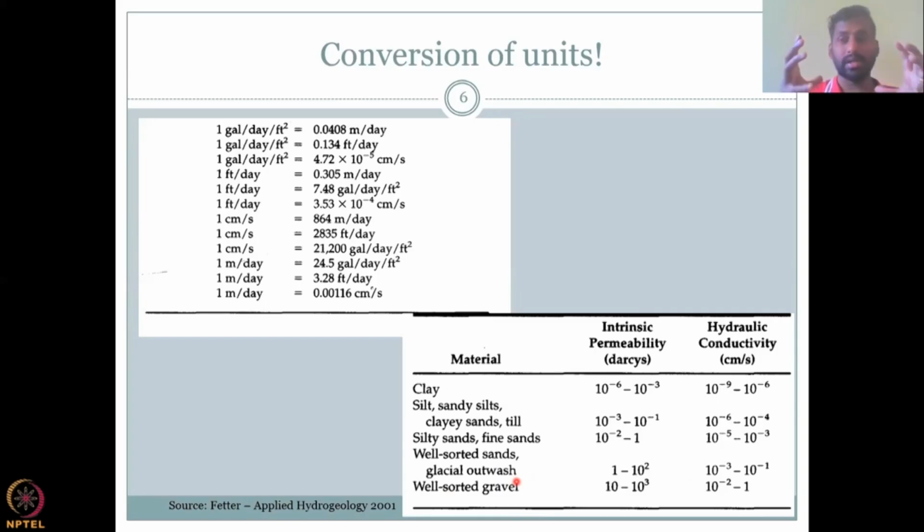Gravels are bigger in grain size, and they have good structure because it is well sorted, and it has space in between. So when you sort something, it will have a lot of space in between, and that space can make the medium conductive, and that will increase the hydraulic conductivity of the material.